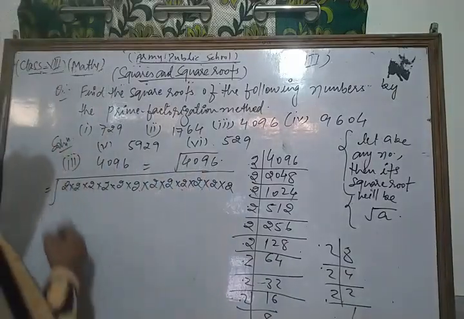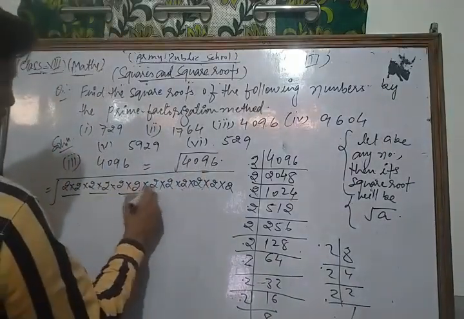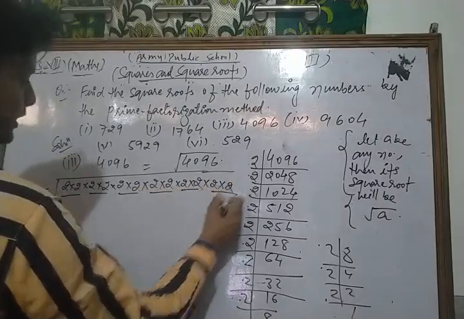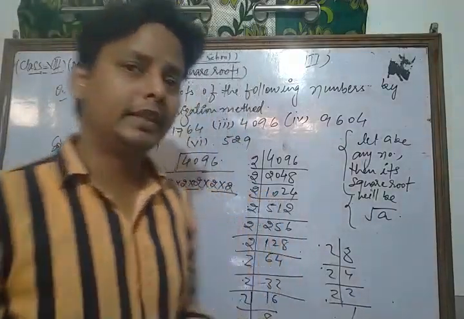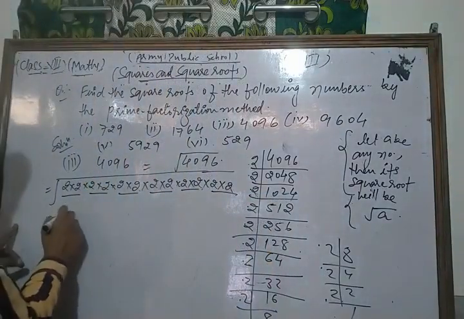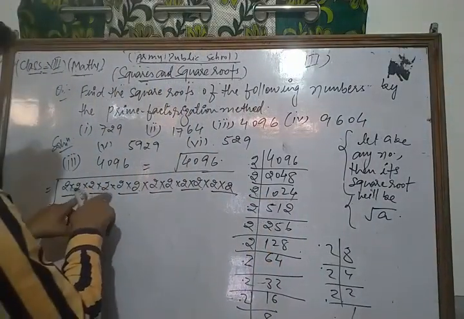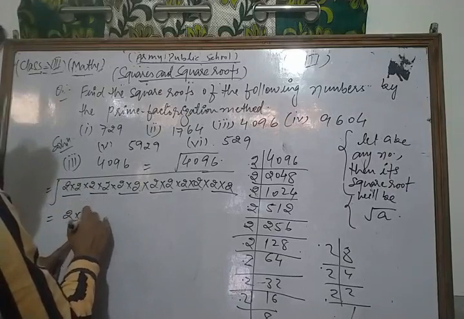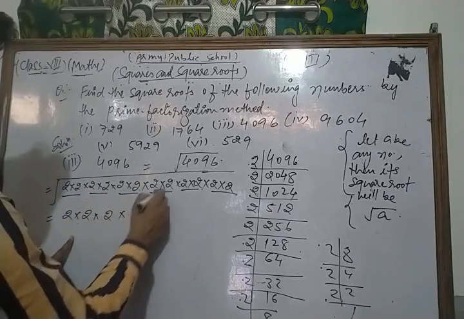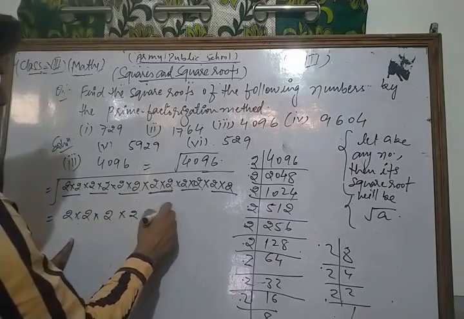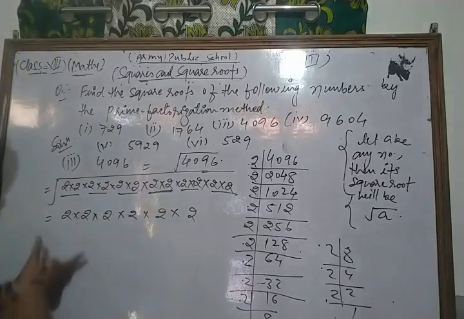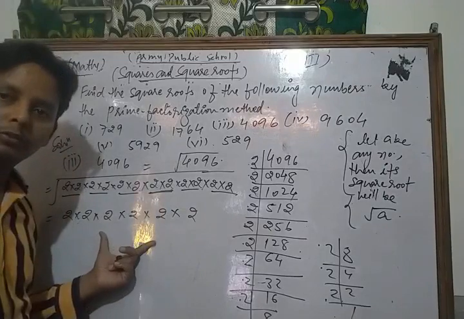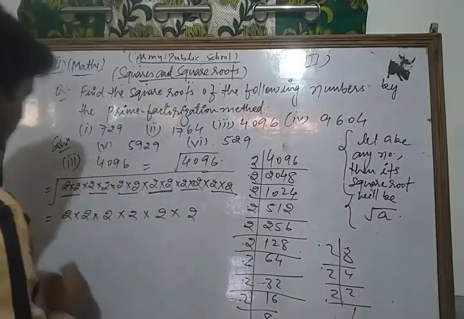Now we form the pairs: this is one pair, two pairs, third, fourth, fifth, and sixth, and we take one number from each pair. From each pair we take one 2 common out from the square root, so 6 pairs in all.